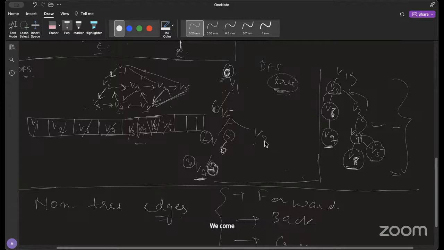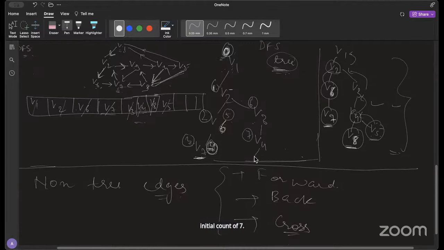We come to V3 and we put an initial counter 6. Then we come to V4, initial counter 7. Let's say we come to V5, initial counter 8.